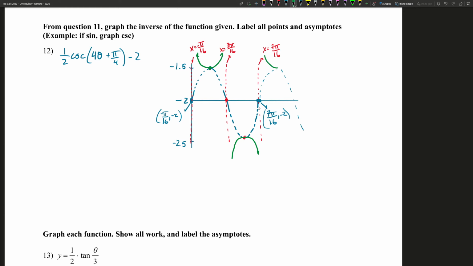And that would repeat, but I'm really only worried about the first two that I drew. And again, 2 good points to label are these guys, which we had before and I deleted. This is 5 pi over 16, comma negative 2.5. And then this is pi over 16, comma negative 1.5.